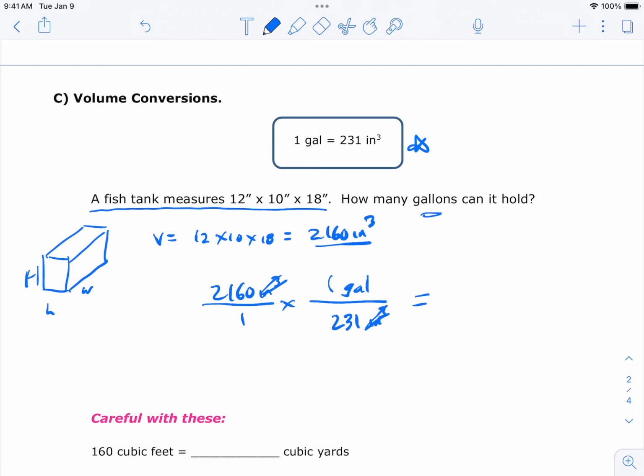Boom! It's almost a 10-gallon tank. That came out to 9.35 gallons, assuming you filled it right to the tippity top. So I guess a 10-gallon tank must be a little bit bigger than this. Huh, that was close. Anyway, it's a 9.35 gallon interior volume. So that's one way you can do volume conversions.